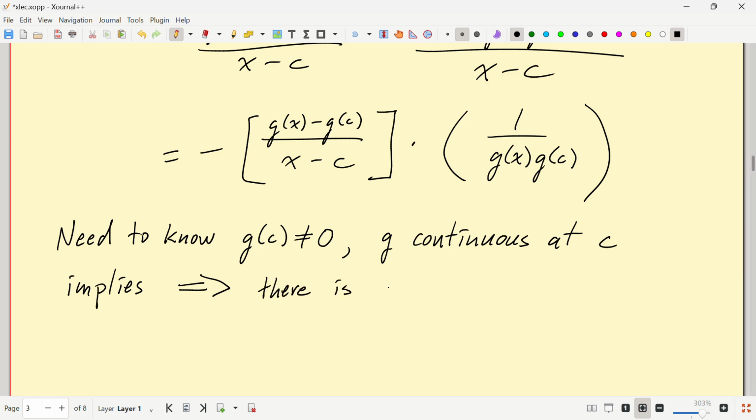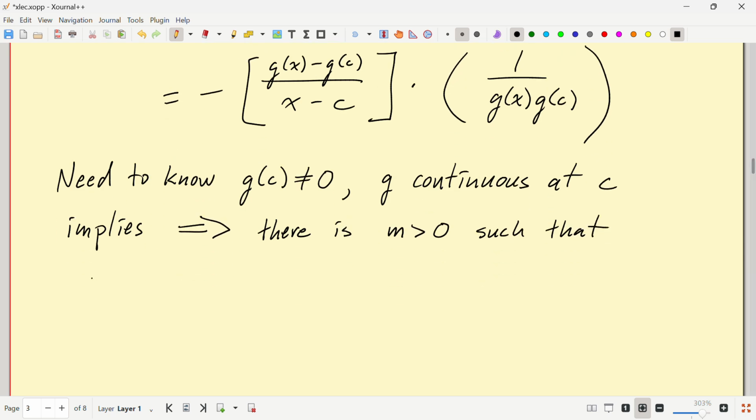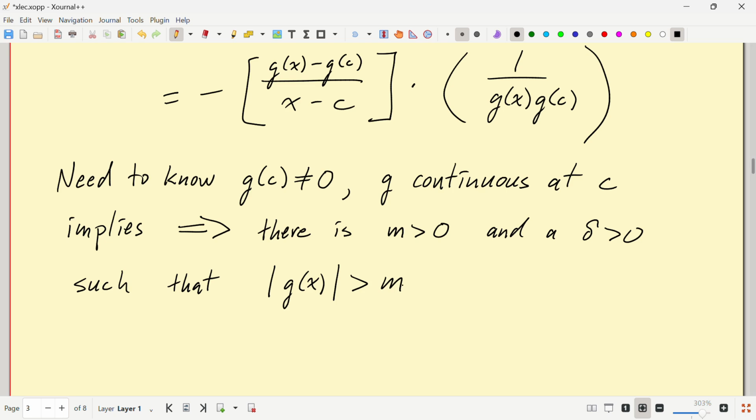Let's call it an m bigger than 0, such that, so there's an m bigger than 0 and a delta bigger than 0 such that g of x is greater than that m when |x minus c| is less than delta.